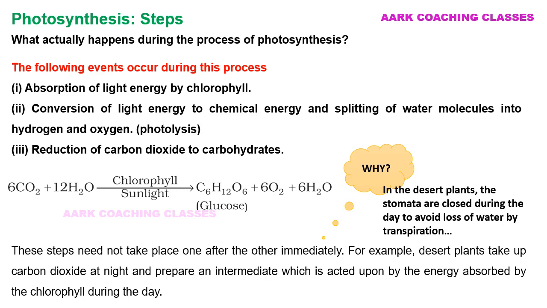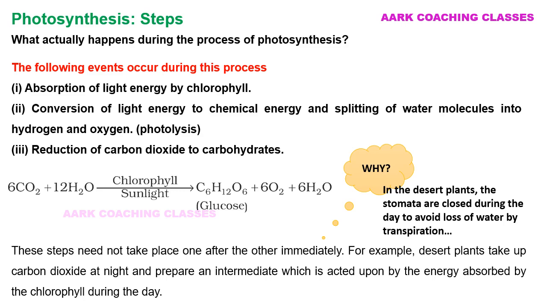Instead, what they do, they open it at the night, take in CO2 when temperature is less and water loss by transpiration is minimum, and during daytime they will close it. Whatever CO2 was taken up at the night time, that is converted into an intermediate, and then it is utilized for the process of photosynthesis during the daytime when sunlight will be available.